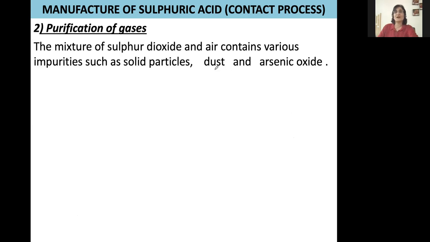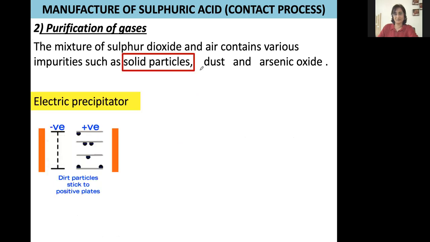The impurities are solid particles, which can be removed by a device called electric precipitator. You can see this dirty air coming. The positively charged and the negatively charged plates will take up the solid particles, and thereby you get clean gas, clean air.